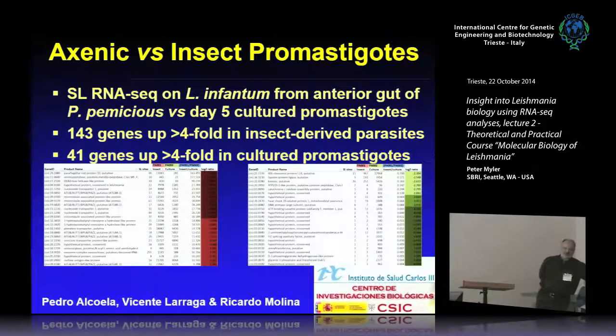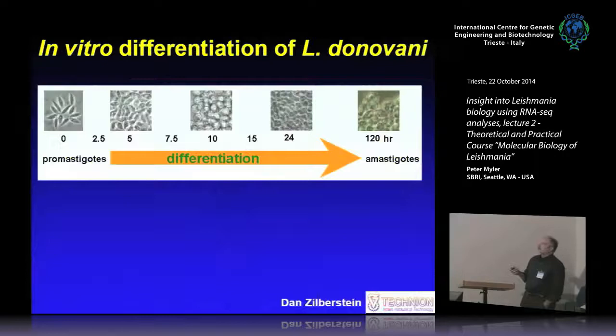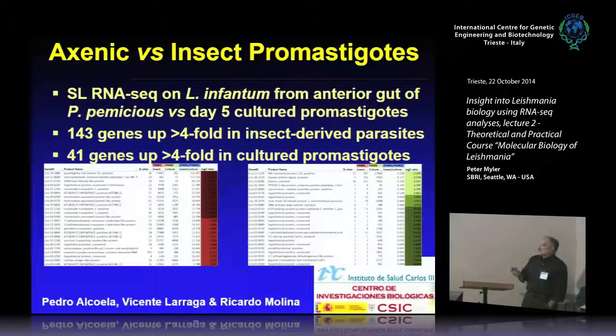We know that when you look at axenic metacyclics, they are really quite different to procyclic promastigotes. Many of the differences appear to be involved in stationary phase. So it'll be interesting to do that experiment. Ricardo was trying to repeat this experiment, so it'll be interesting to compare what happens in different parasites in different sandflies and see what's similar and what's different.